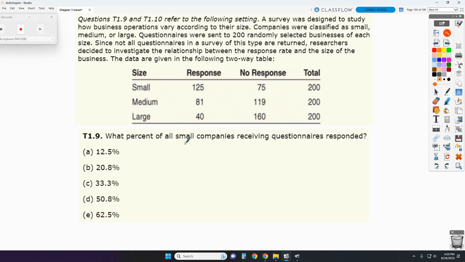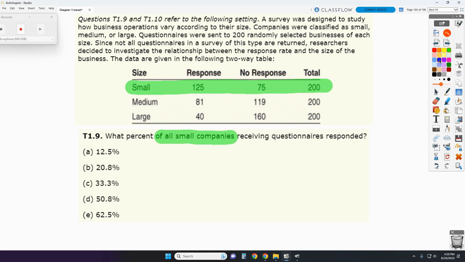What percent of all small companies receiving questionnaires responded? We have to look into this a little, because they say what percent of all small companies. Are they wanting us to consider all companies? No, only the small companies. Back in an earlier video, we called this a conditional distribution.